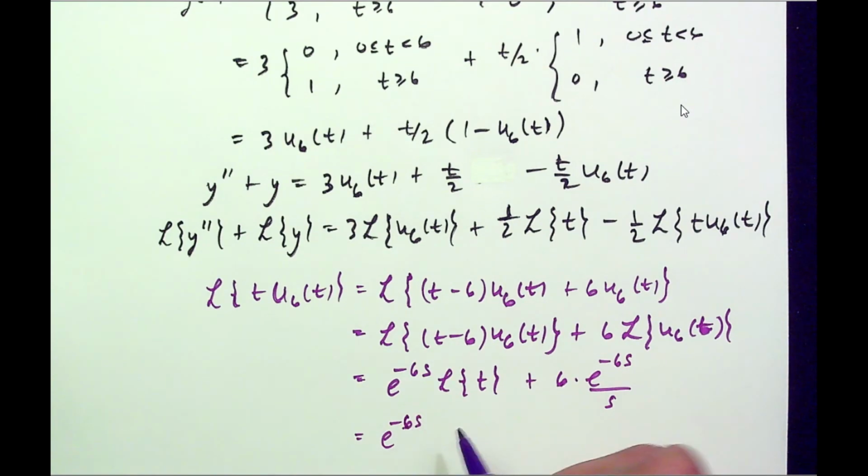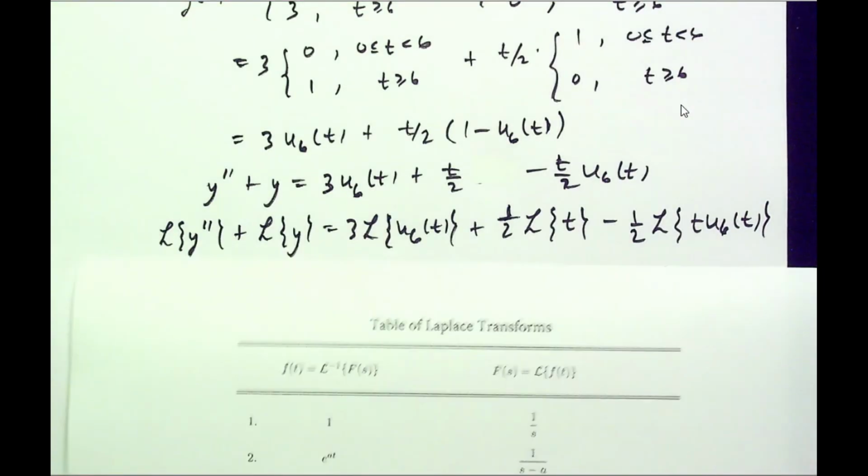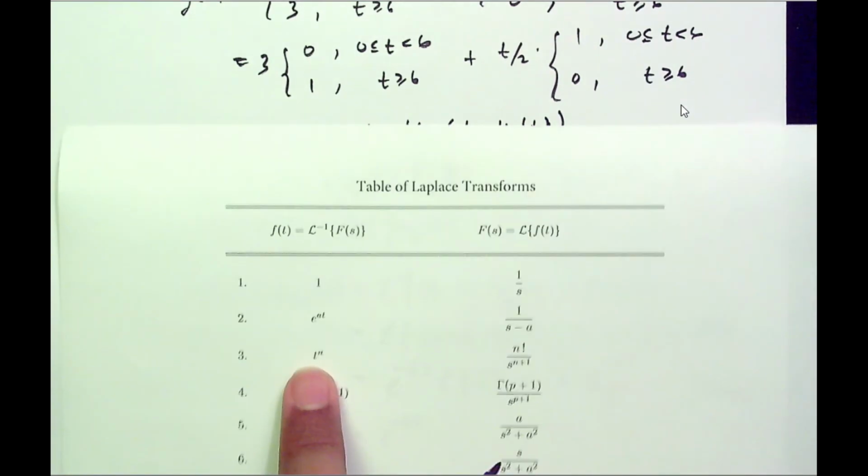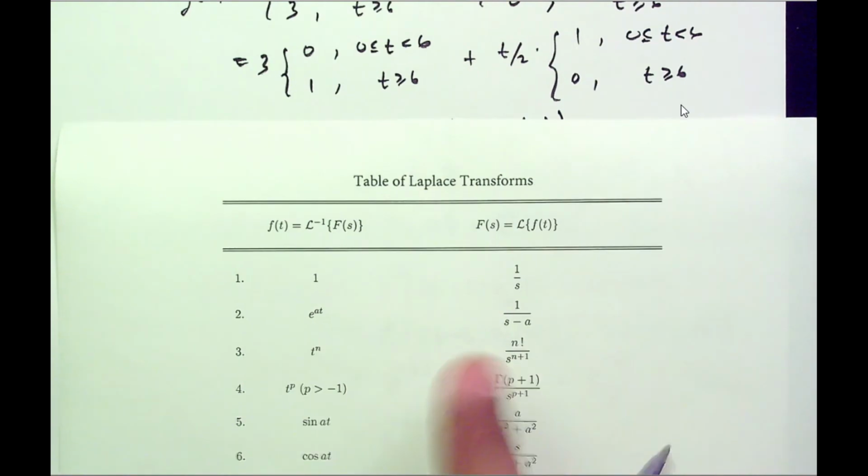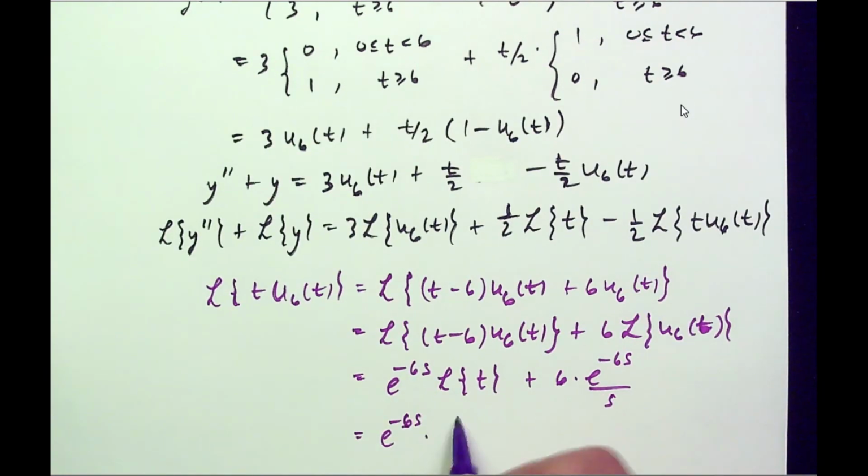And the Laplace transform of t is this one. When n equals 1, that would be 1 over s squared. So times 1 over s squared.